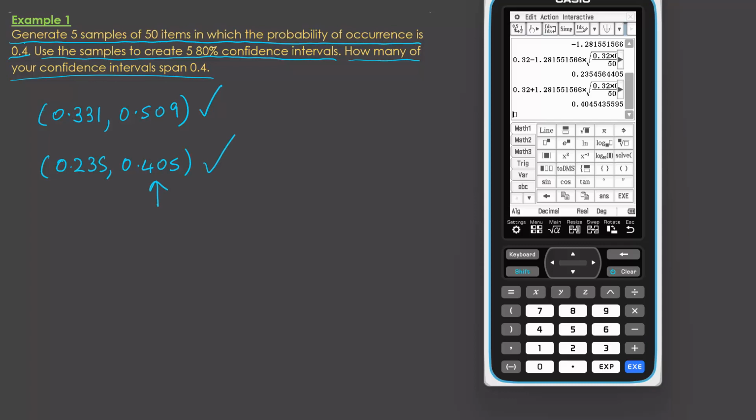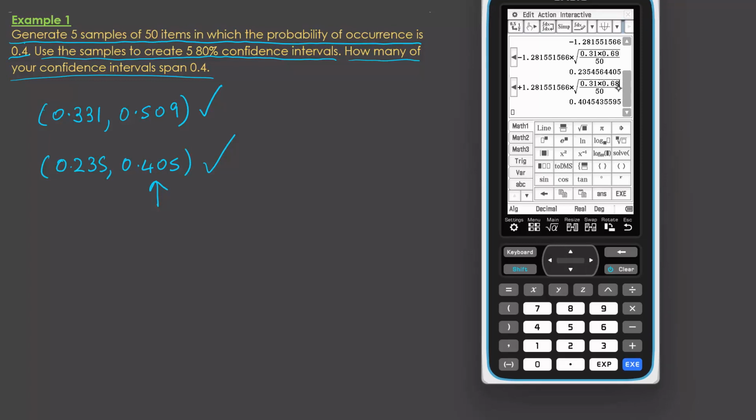And I think from there you can see that it would only take a slight variation. Let's suppose that we got 0.31, and that would mean that we need to change in here as well. That would become 0.69, and the same thing here, 0.31 and 0.69.